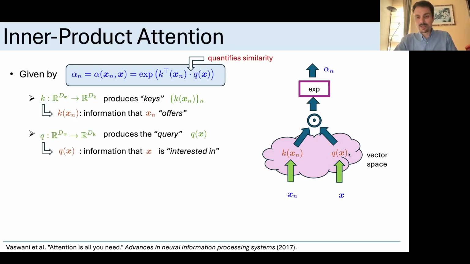And then q of x is a vector typically referred to as a query. It's like a question. We can think of it as encoding the information that x is interested in, what it wants to know about.